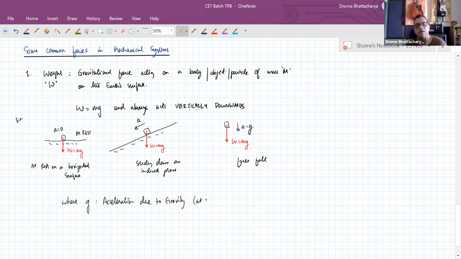At the Earth's surface, it has a value of 9.8 meters per second square, or sometimes you approximate it as 10 meters per second square. So make a note of this also, please.